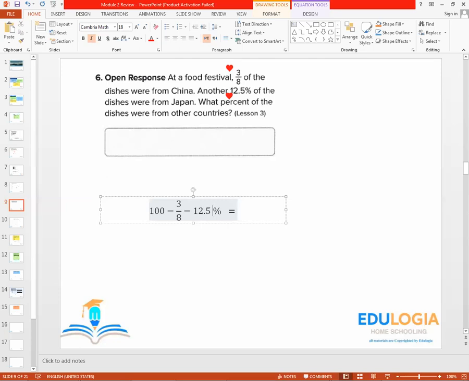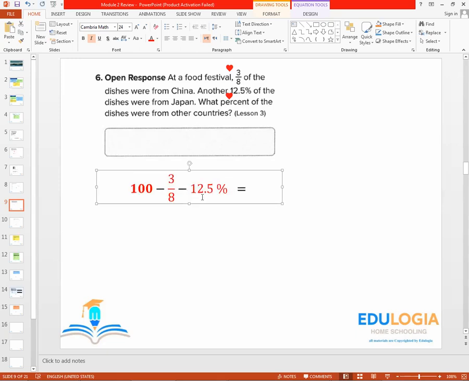I have only two countries, China and Japan. The total of the whole is 100, right? This fraction is the share of China, and this percent is the share of Japan. I have to do subtraction. The whole must be subtracted.